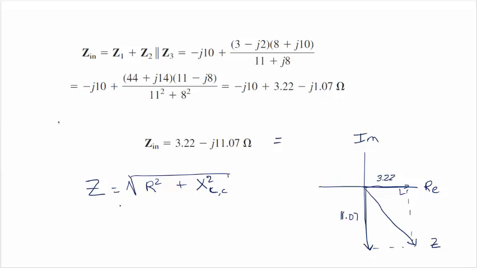And you can get that magnitude, and you can get that phase angle right here, because that would be tangent to the minus 1 of opposite over adjacent, so of 11.07 divided by 3.22.